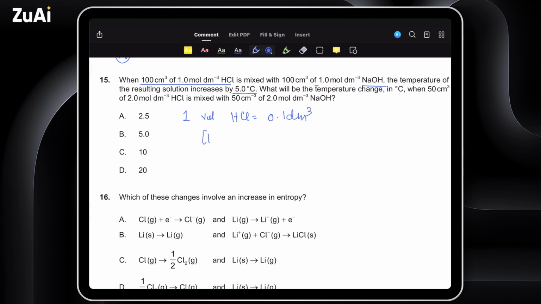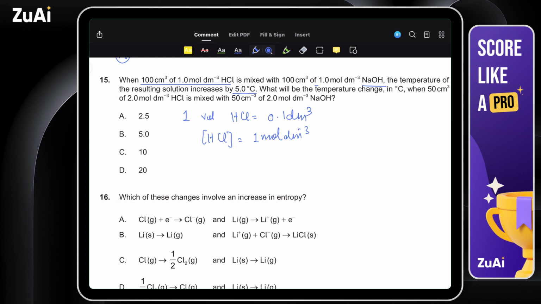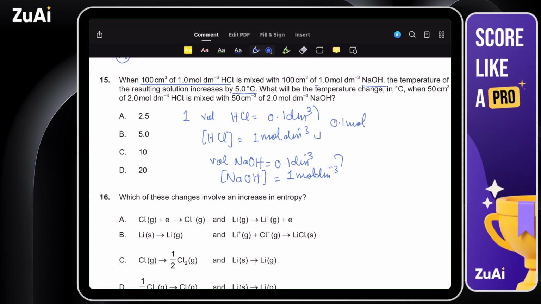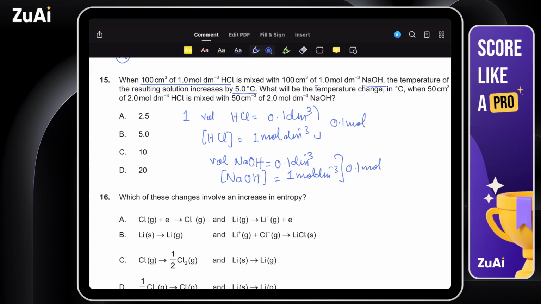So if we see the HCl concentration, that is 1 mole per dm cube, plus volume of sodium hydroxide required is also 0.1 dm cube, and concentration of sodium hydroxide is again 1 mole per dm cube. So it will give us 0.1 mole.